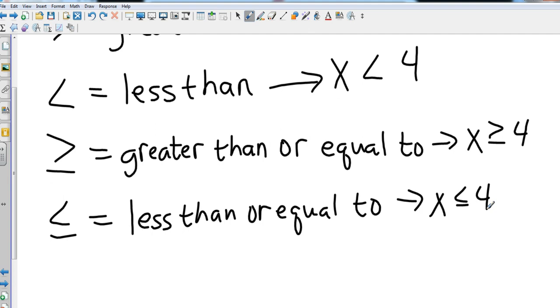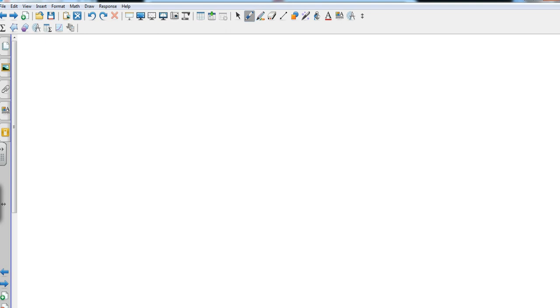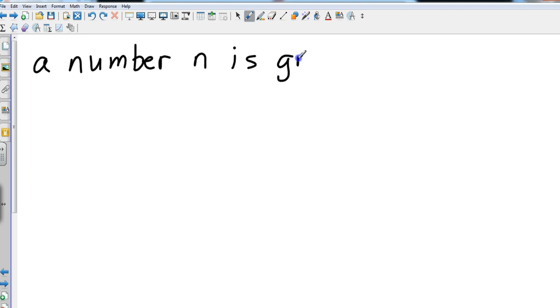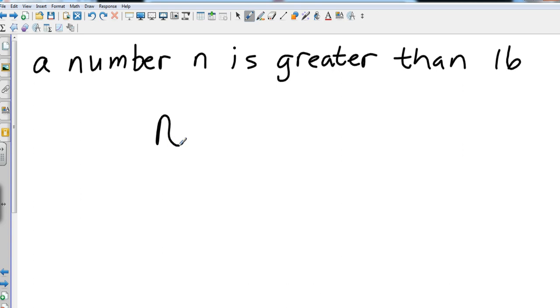So something to the effect of, maybe a number n is greater than 16. So we would take that representation and we would take our number n and just write it as n is greater than 16.